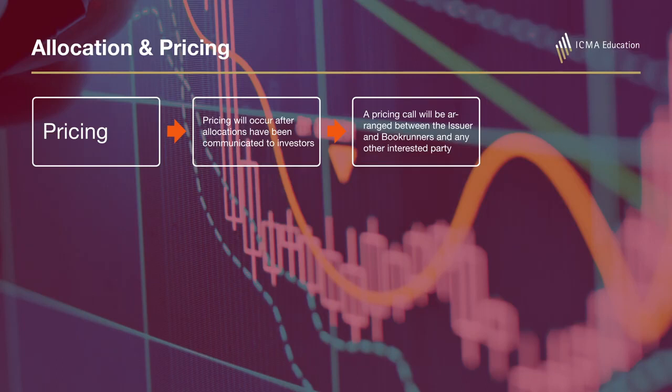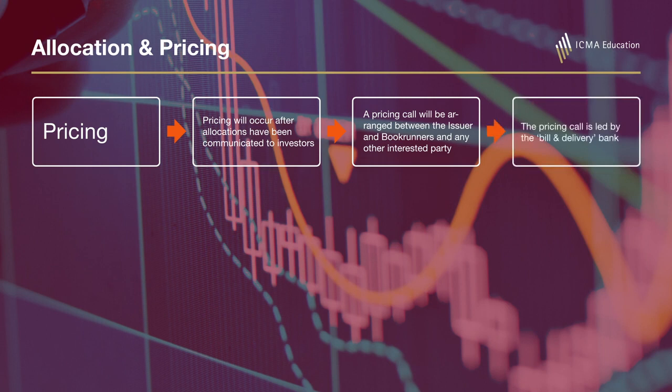The legal team usually participate in that process as well. And it's led by the bill and delivery bank. So this is the settlement bank. One of the book runners will have been given the task of documenting and arranging the settlement of the deal. And it's that bank that organizes the call on the day of pricing.